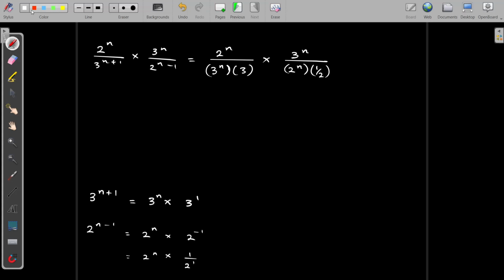So now this will cancel, 2 to the n will cancel, 3 to the n will cancel, and all we're left with in the numerator is just 1 over 3 times a half.